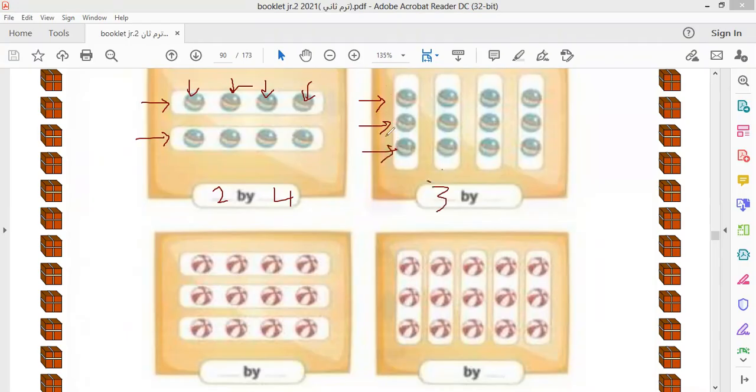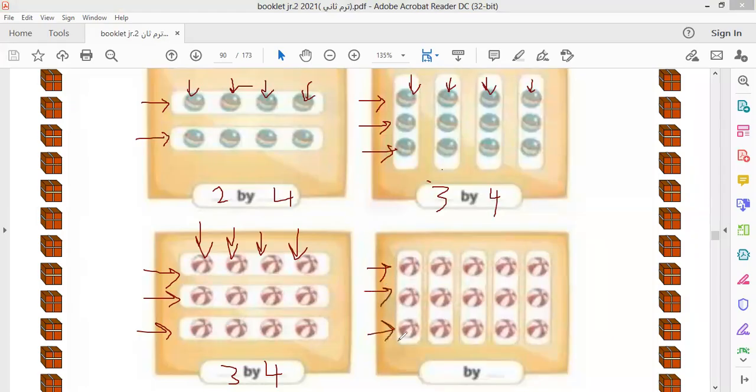And what is the number of columns? 1, 2, 3, and 4. 3 by 4 array. Here we have 1, 2, 3 rows. 1, 2, 3, 4. 3 by 4. And here 1, 2, 3 rows, 1, 2, 3, 4, 5 columns. 3 by 5. Okay.